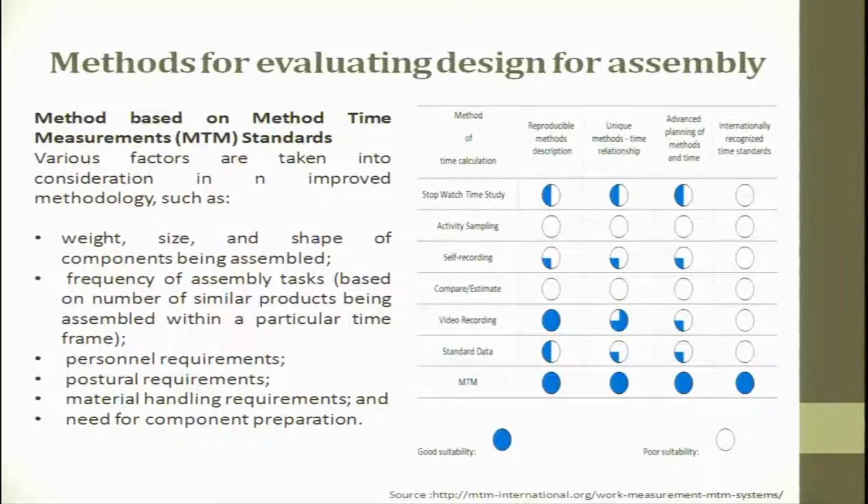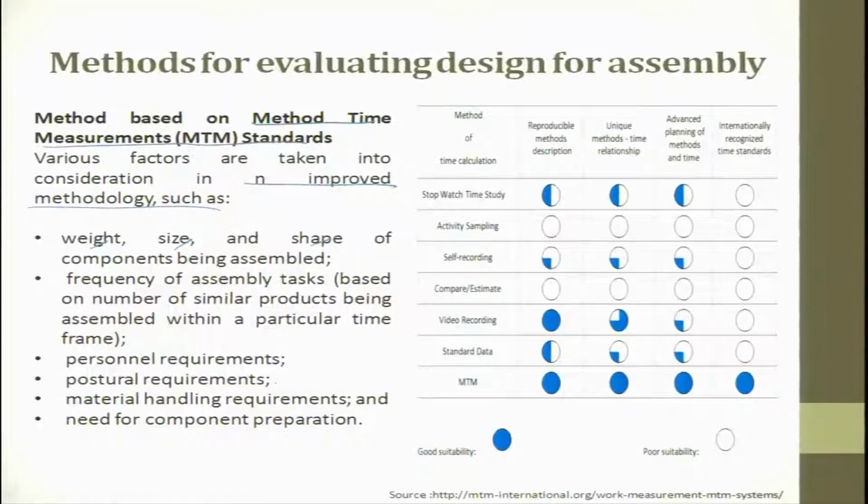In methods based on method time measurement standards, various factors are taken into consideration in improvement methodologies, such as weight, size, shape of the component being assembled, frequency of assembly task, personal requirements, postural requirements, sitting down.